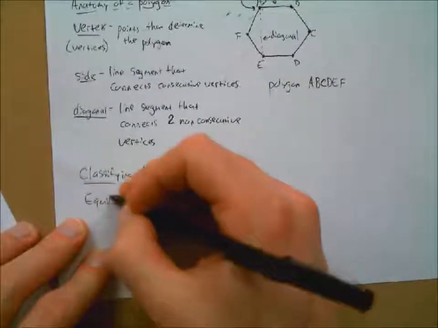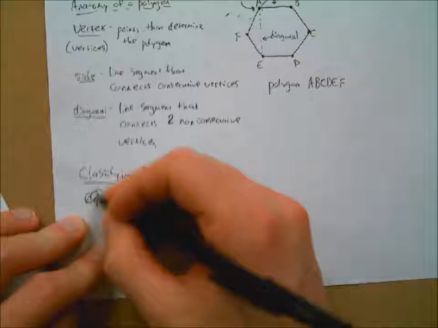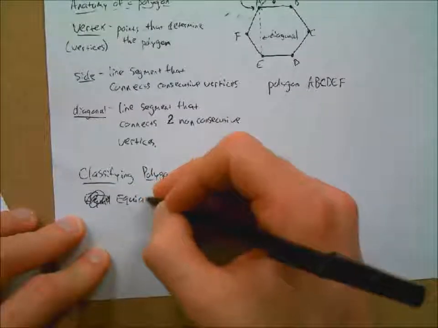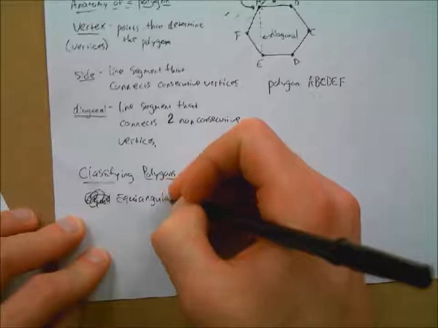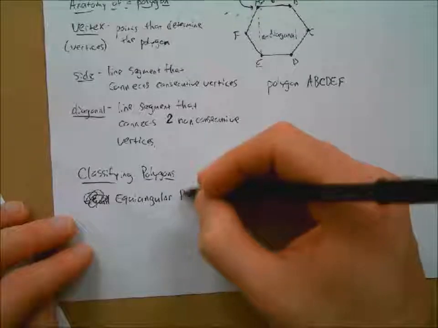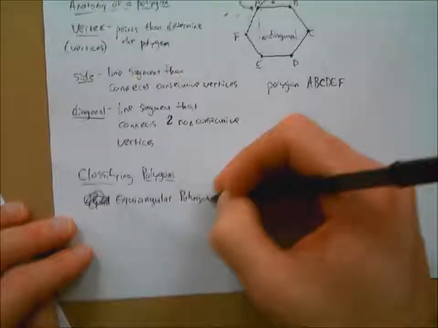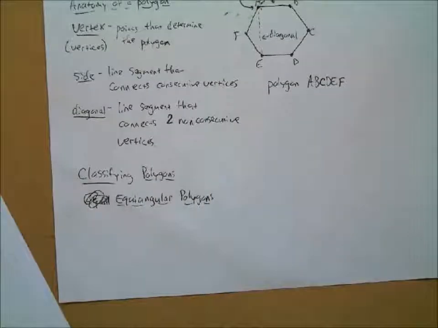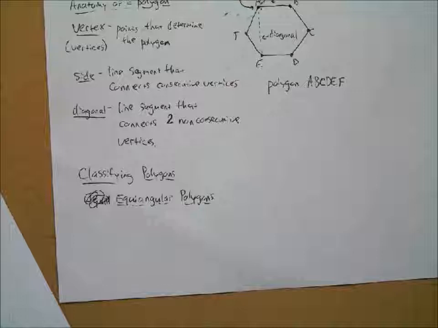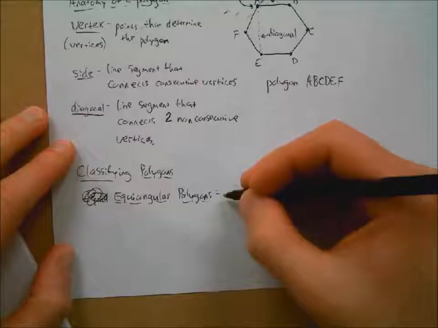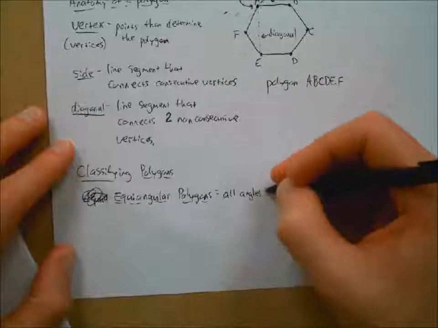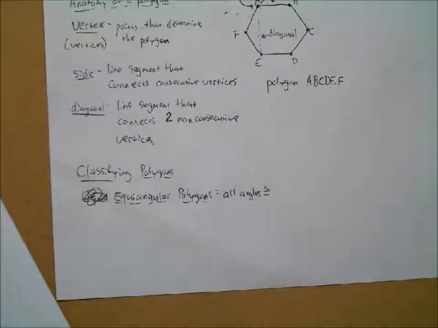For example, equiangular polygons. Those are polygons where all the angles are congruent. All angles are congruent.